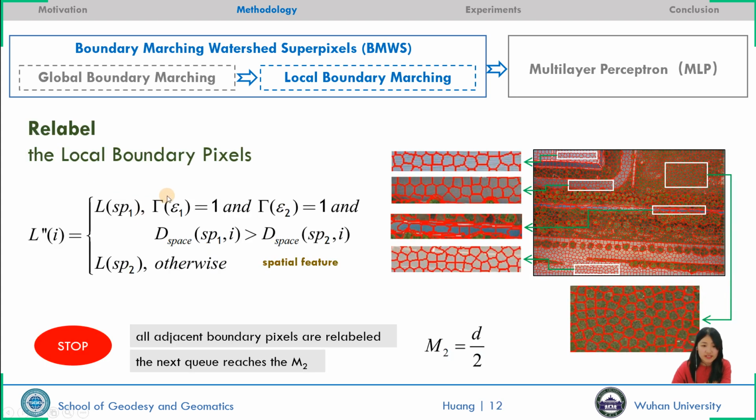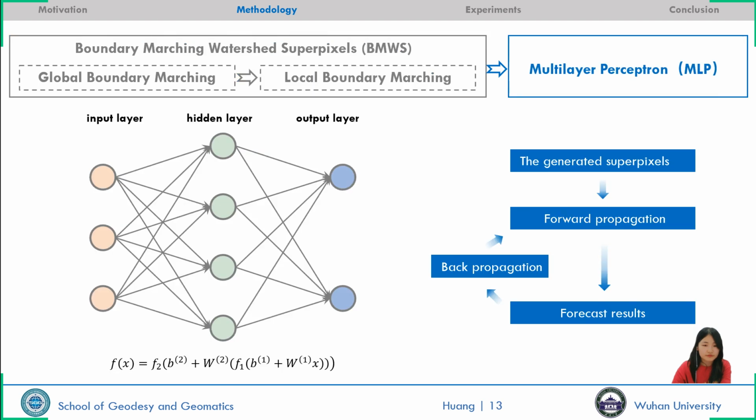The criterion is as above. Relabeling is only related to the spatial feature, so the superpixels will be more compact. In this step, only the pixels that satisfy the conditions are pushed to the queue. The process repeats until all boundary pixels are relabeled or stops when the next queue reaches the M2 queue.